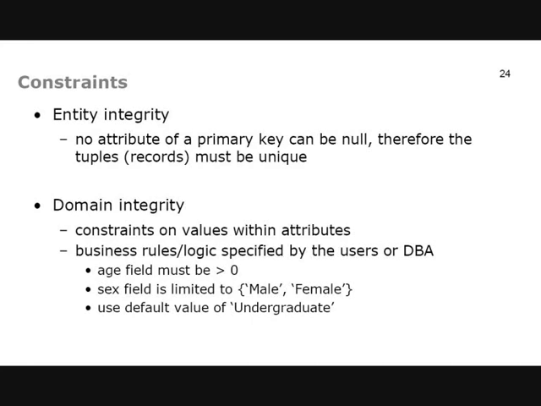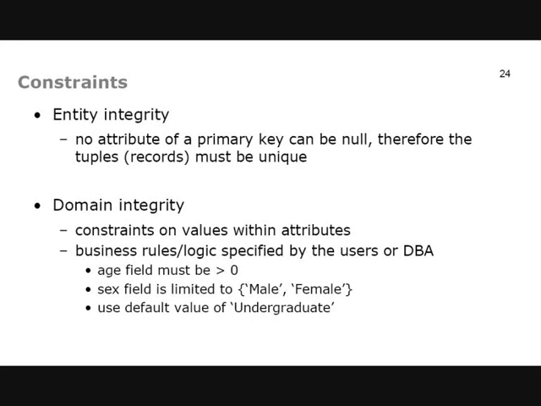Any attribute that participates in a primary key cannot have null values, by definition. Because if they do have null values, then they wouldn't be necessary for the key, so you will break the irreducibility principle. So entity integrity just tells you that if you have a primary key, any attribute that forms part of the primary key cannot be null. Okay? Simple enough and hopefully easy to remember.